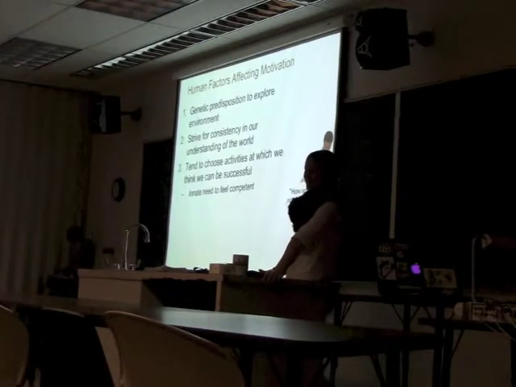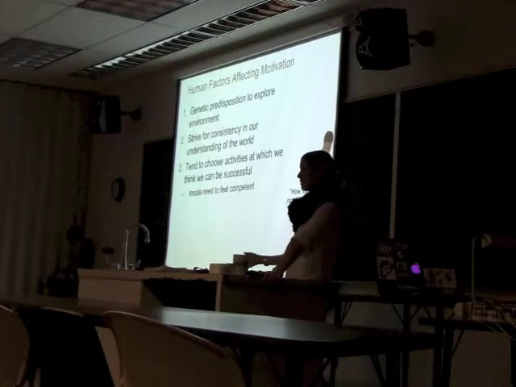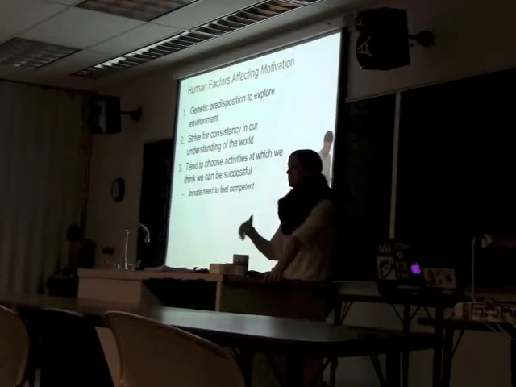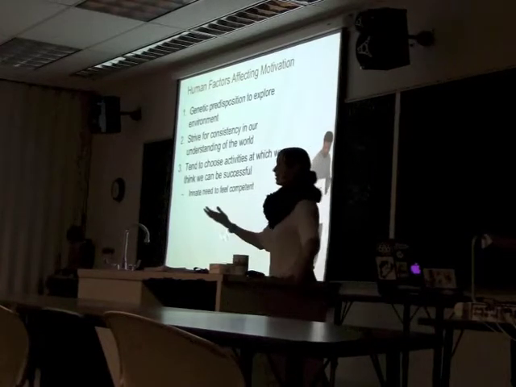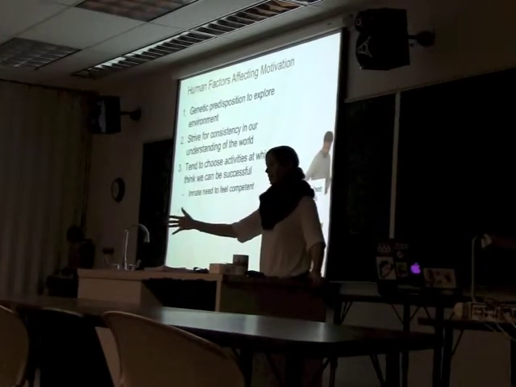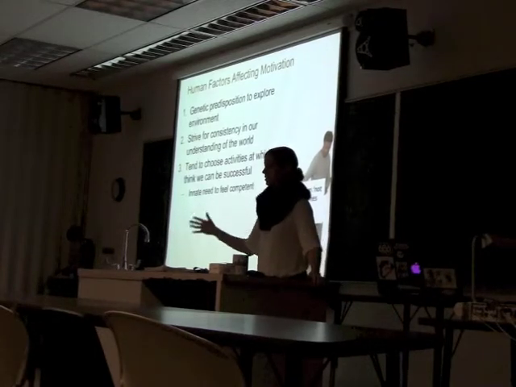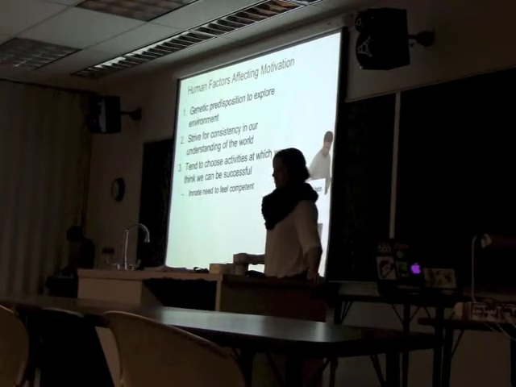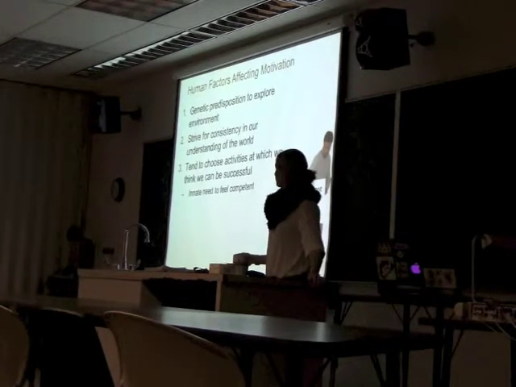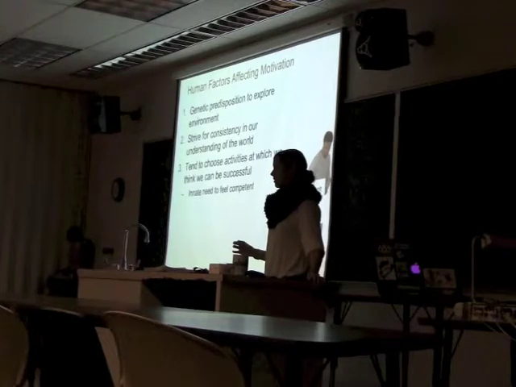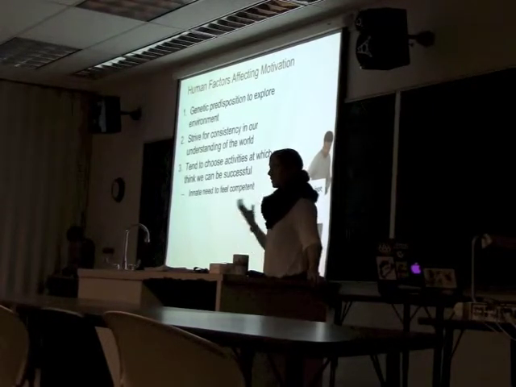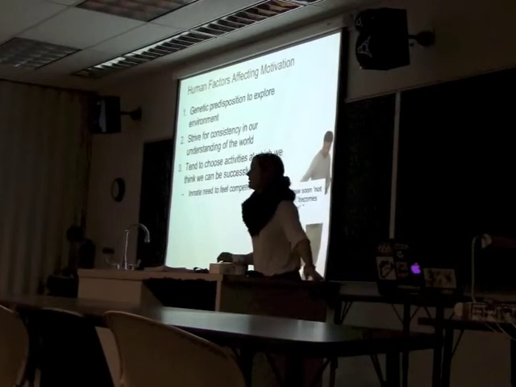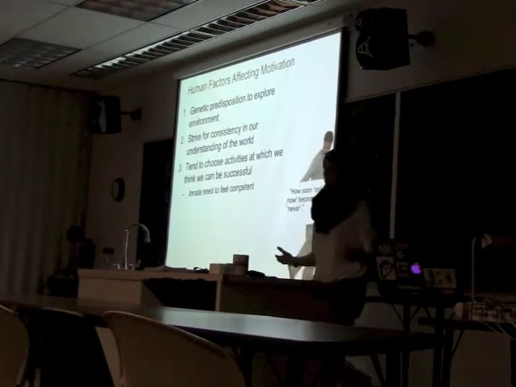The next is that we tend to choose activities for which we think we can be successful. The human race, right? We pick things that we think we're going to be good at, or that we know we are good at. It is rare for our students to pick things that they do not feel successful in, or that they do not have the skills to achieve. It's rare for all of us as humans. So the humanists, which we're basing a lot of this off of, would say that this is because we have this innate need to feel competent, to feel good at things.